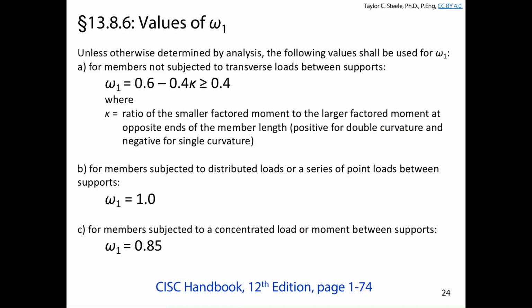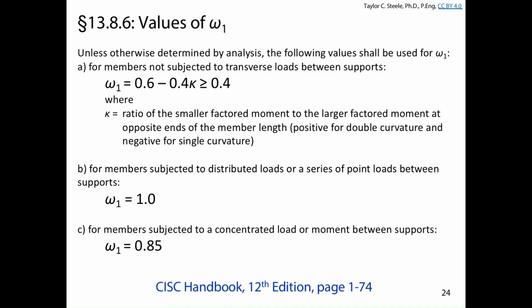And then if we've just got a series of point loads or a UDL, 1 for a single point load, 0.85. Okay, so relatively simple to figure out what omega 1 should be and how we use that to calculate the U1x and U1y values we might need. Okay, so S16 tells you everything that I've already told you, but has that brought up any additional questions before we get to the example?